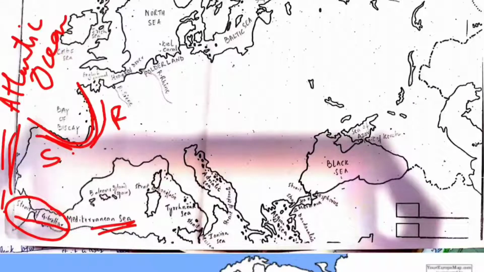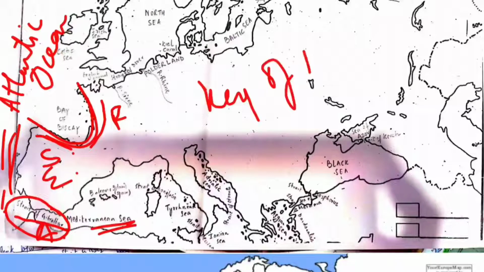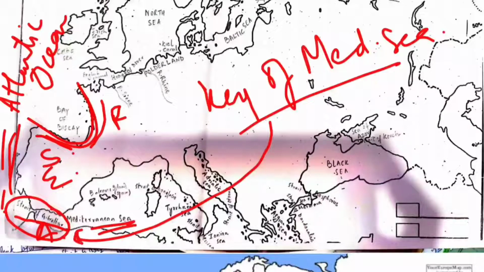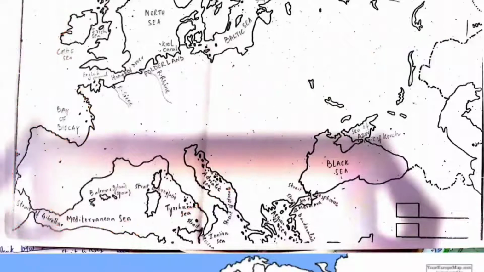And this Strait of Gibraltar is also a natural boundary between Europe and Africa. Fine. It is also known as the Key of Mediterranean Sea. I hope this is clear till this point.